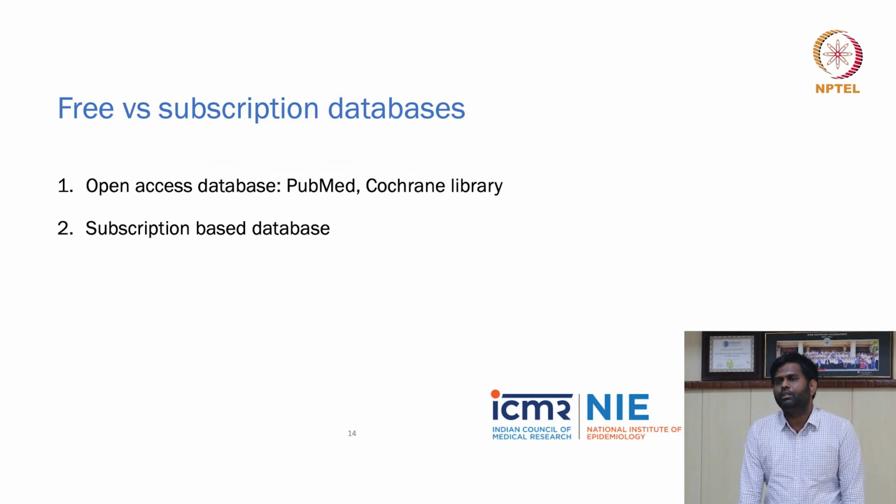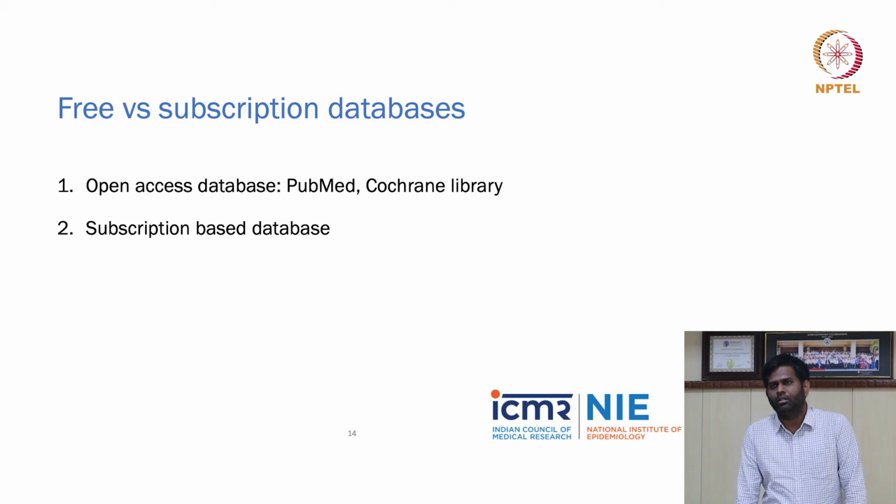One point to consider while choosing the database is whether it's an open access database or a subscription-based database. An open access database is freely available to the users, and they need not have a subscription in order to access the contents of the search or to download the bibliographic information. The commonly available open access databases are PubMed and Cochrane.